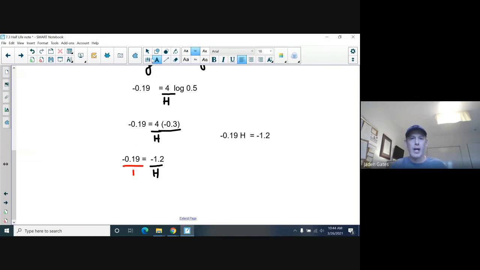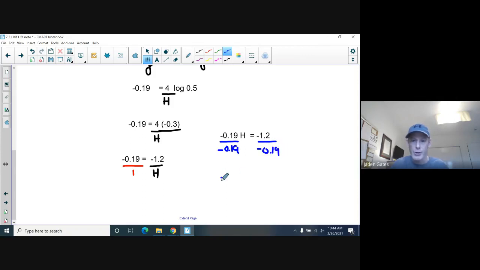Then my last step: divide by my numerical coefficient, which is the number in front of my letter. So I divide by negative 0.19. As you can see, a negative divided by a negative is a good thing, because you can't have negative time.